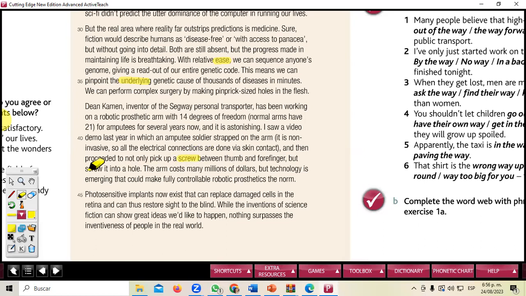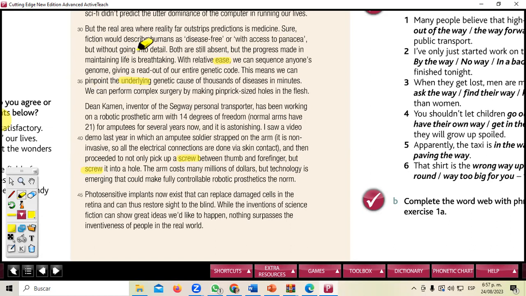Remember, screw. The word screw is used here in two different ways. To pick up a screw, aquí es el tornillo, between his thumb and forefinger. So like this, he took the screw between his thumb and his forefinger. But then screw it into a hole. Lo atornilló, ¿sí?